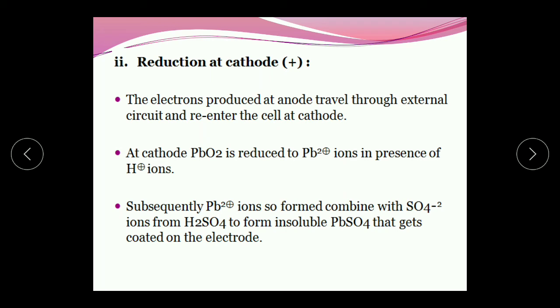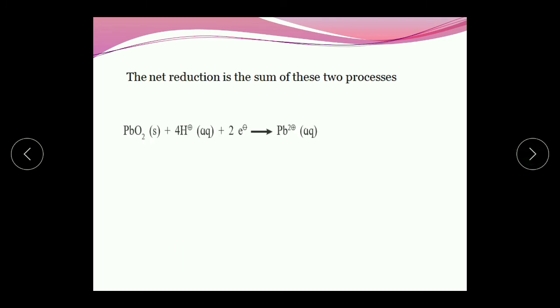Electrons come towards the cathode. They are accepted by lead dioxide and it gets converted into Pb plus 2 ions. And these Pb plus 2 again react with SO4 minus 2 ions to form a precipitate of lead sulfate. So let us see the reactions. Net reduction again will be the sum.